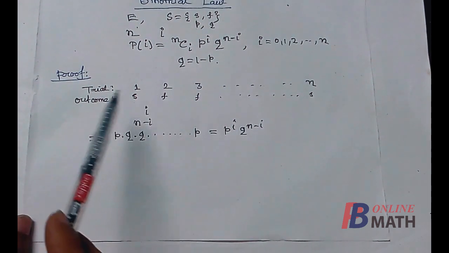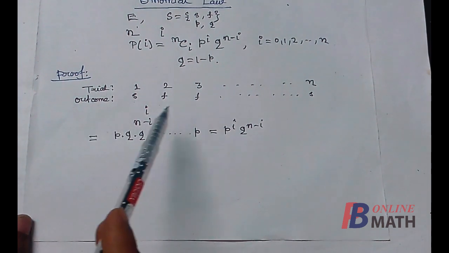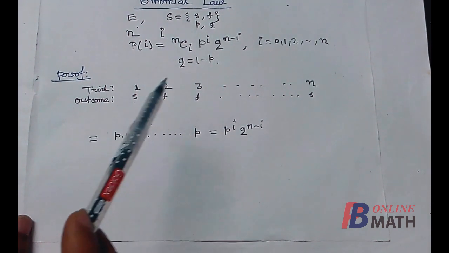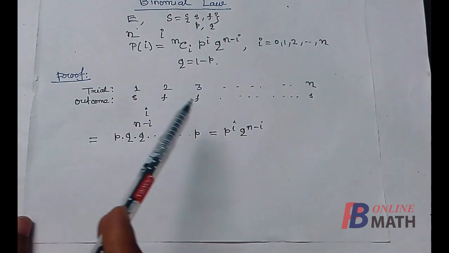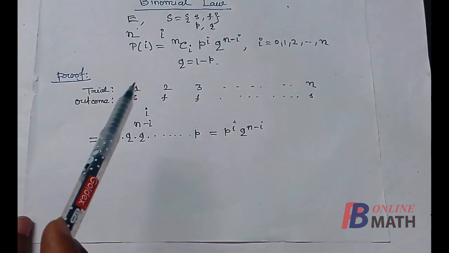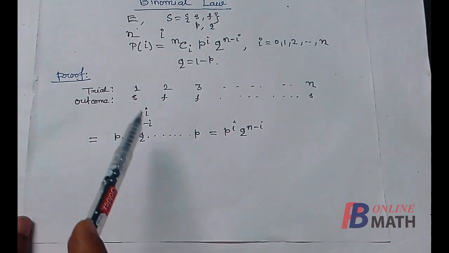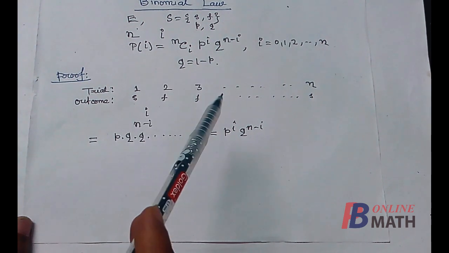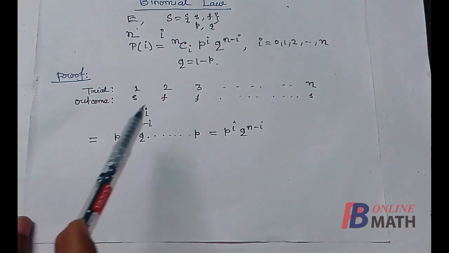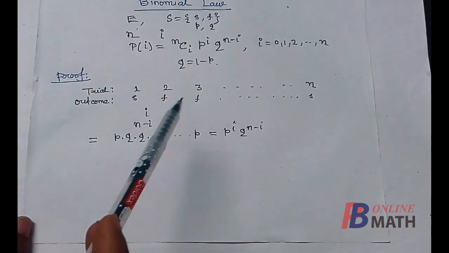Now remember that in this event we have considered exactly I number of successes and the remaining n minus I number of failures. The permutations of success and failure are arbitrary. Now we are considering one more event where the number of successes will again be I and the number of failures will be n minus I, but the sequence of successes and failures will be altered.